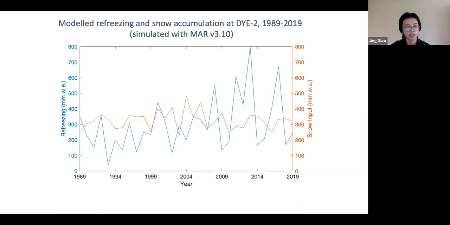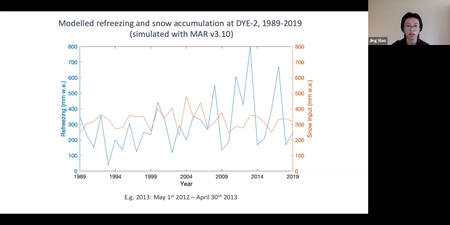Okay, so this is the refreezing and snow accumulation data at DI2 during the past 30 years, simulated using MAR version 3.10. And the red line here indicates the change of snow accumulation, and the blue line is refreezing. So one thing to notice here is that the year is not the calendar year, but rather the firn core year, which starts on May the 1st of the previous year and ends on April the 30th.